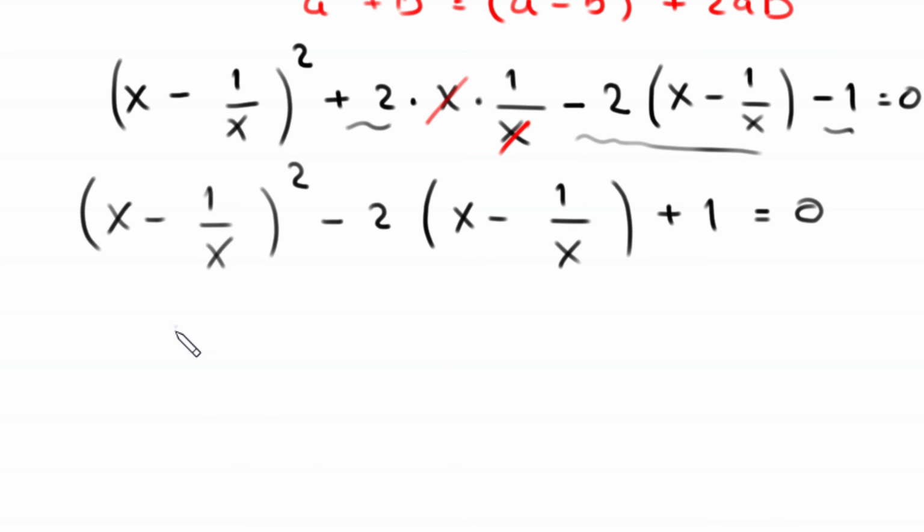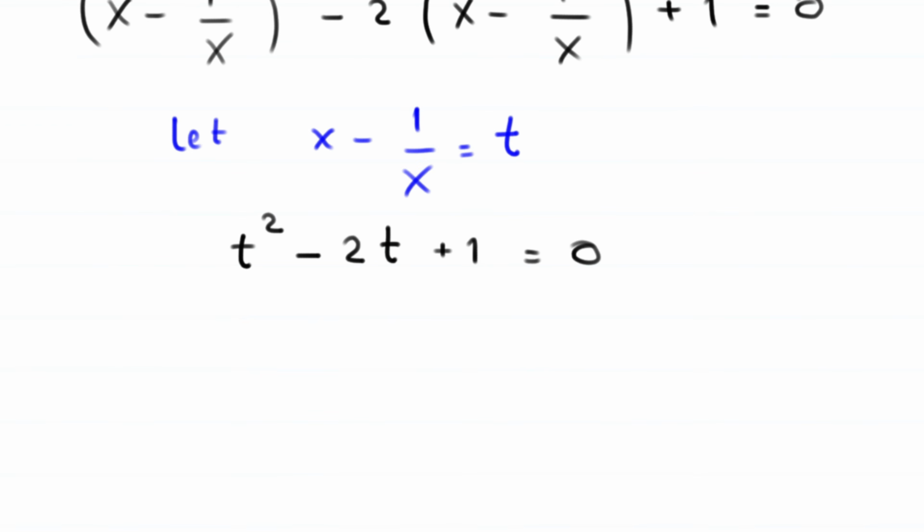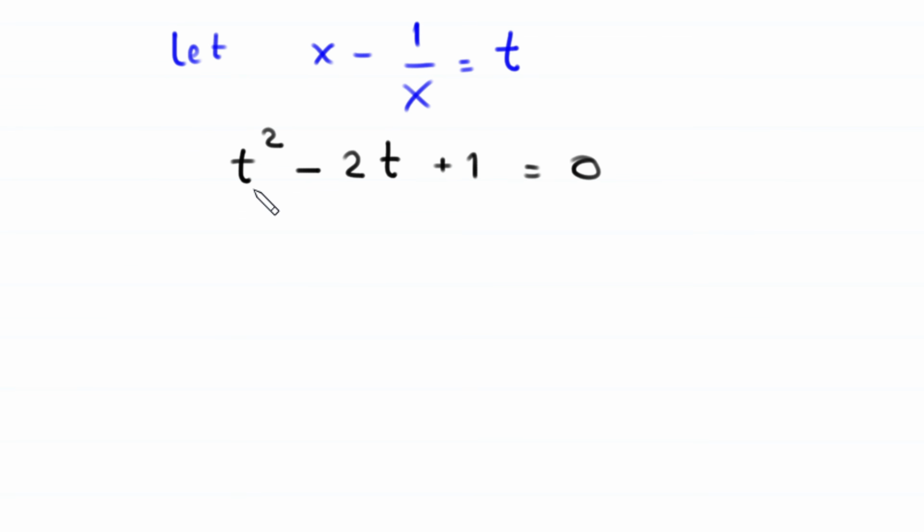Now we suppose that x minus 1 over x equals t. So the equation will become t squared minus 2t plus 1 equal to 0. This expression is a perfect square, so this will become (t minus 1) whole squared equal to 0.